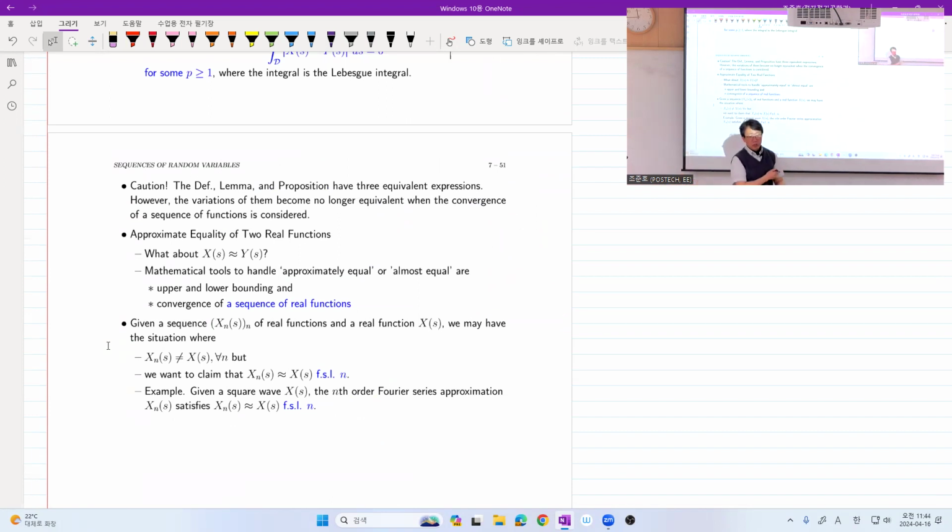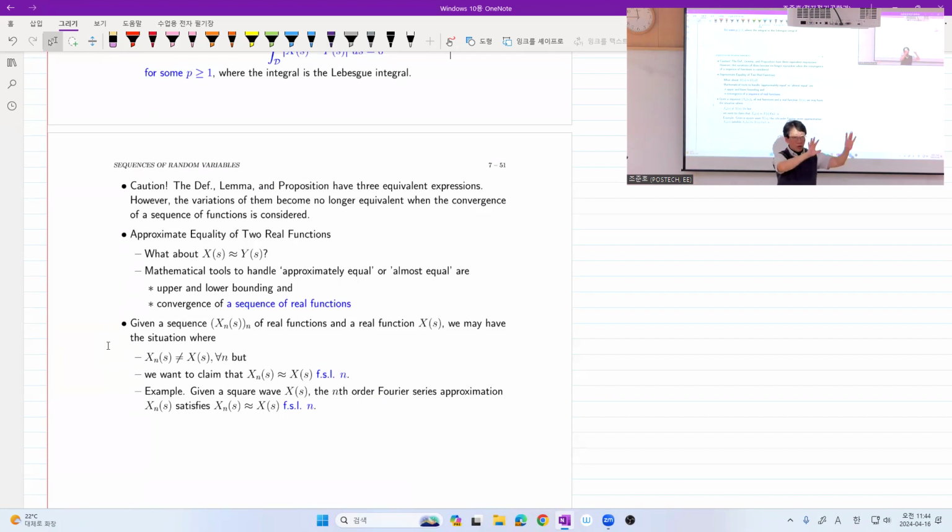Got it? So as I did last time, we started from the equality of two scalars, and that was okay. And then we considered two scalars' approximate equality. And one way was to introduce the sequence of scalars. Now we move our topic to two functions.